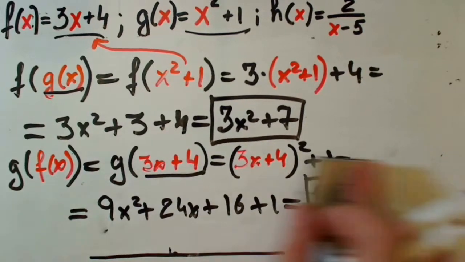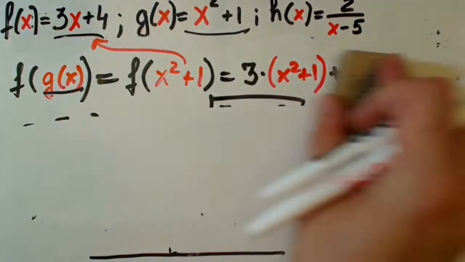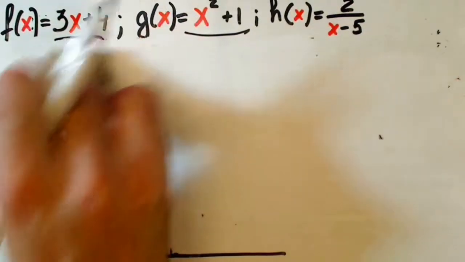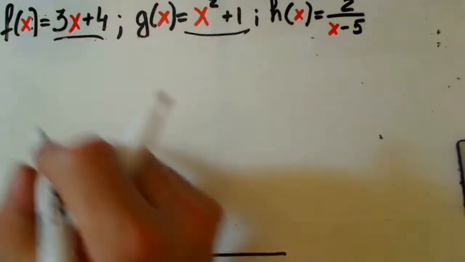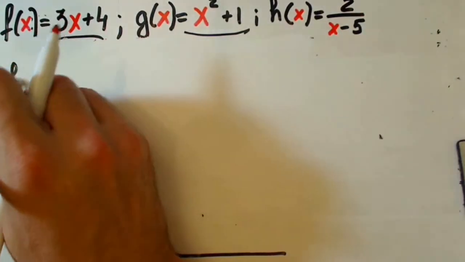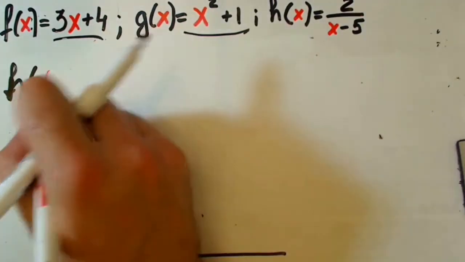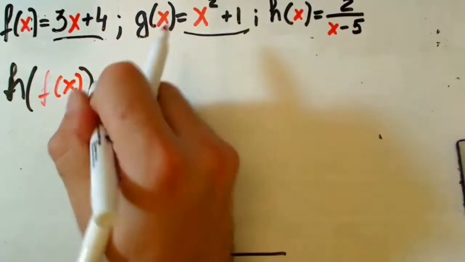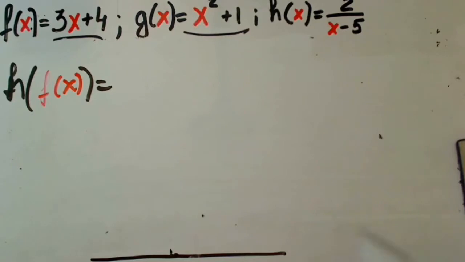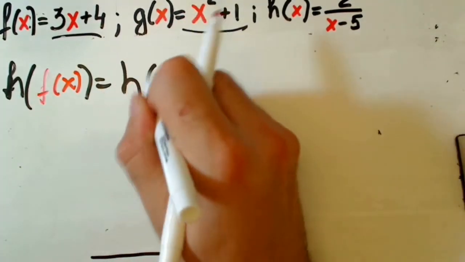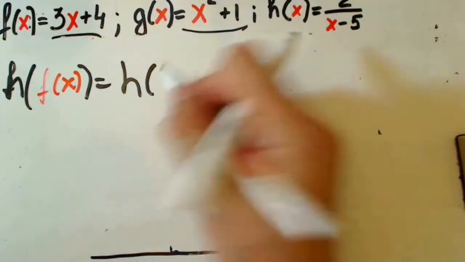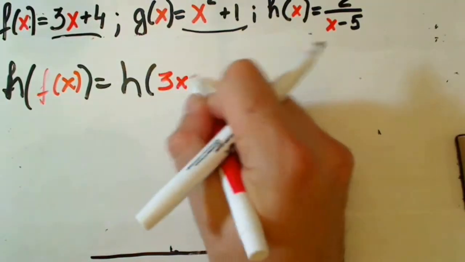And next one we have h of f of x. Let's use our f. Okay, and we have h of f of x. Now again, our input will be 3x plus 4.